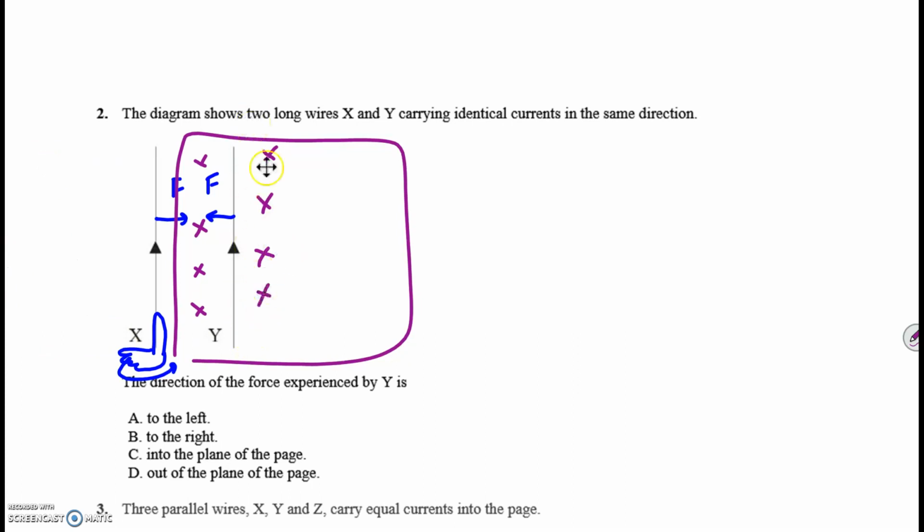So if the field points in, you stick your fingers pointing into the page, your thumb points up, and your palm is facing to the right. That's how you would find the rightward force acting on these positive charges traveling upward.